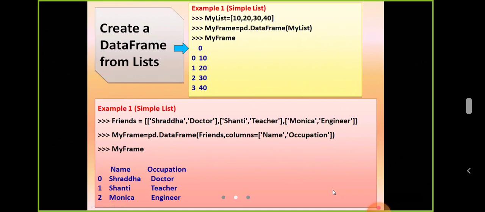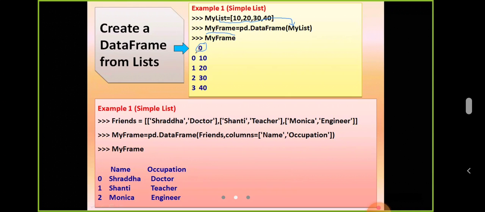Now you can see that my list is a variable which stores a list having values 10, 20, 30, 40, and this list I have used in my data frame. My frame is my data frame object equal to pd.DataFrame(my list). If I am displaying this frame, then how does it look? It looks like this. Because this list contains 10, 20, 30, 40, these data will be stored in column form, and the by default index of the column is 0.